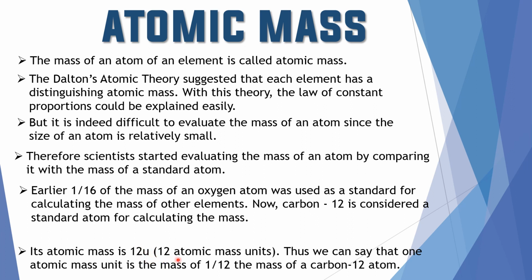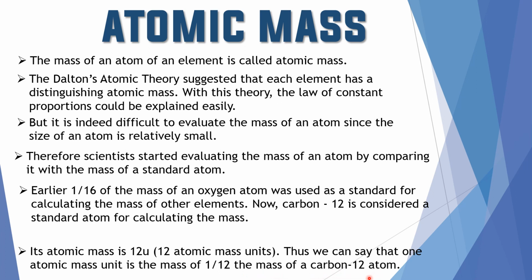Like the mass of an atom is calculated in atomic mass unit, we can tell it as u. Thus we can say that one atomic mass unit is 1/12 the mass of a carbon-12 atom.